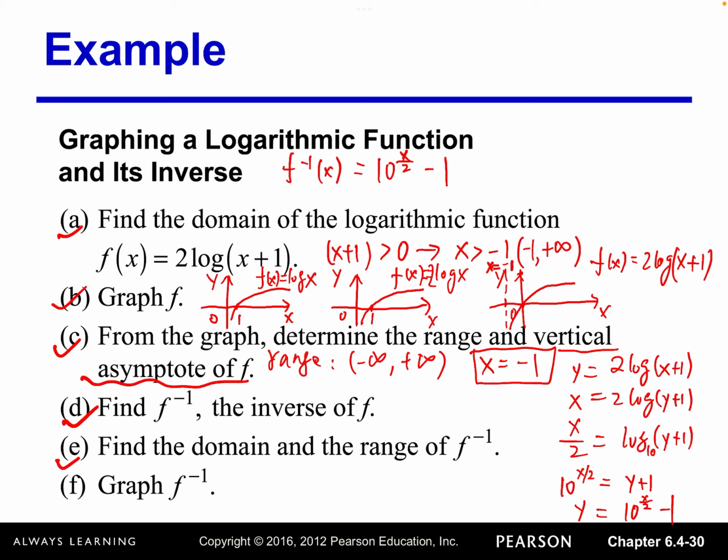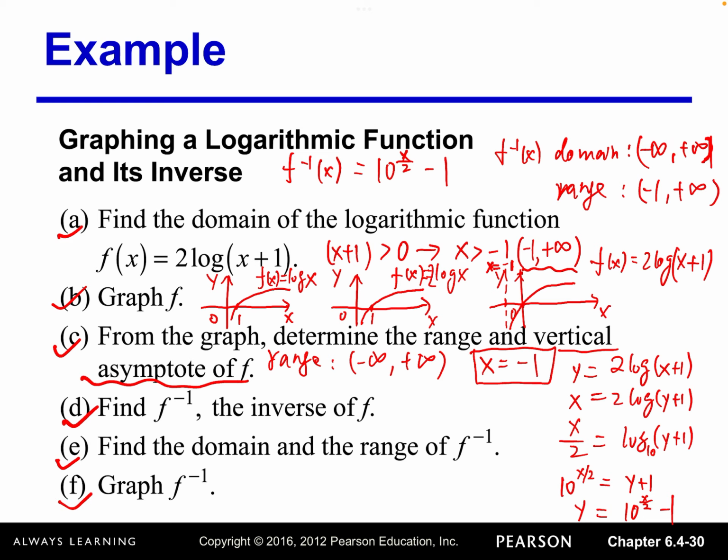The domain of the inverse function is the range of the original, which is negative infinity to positive infinity. And the inverse function's range is x greater than -1, that's from -1 to positive infinity. That's the domain and range of the inverse function.